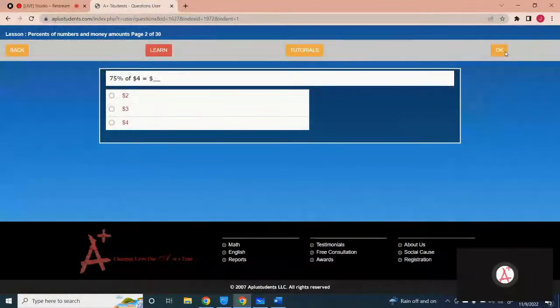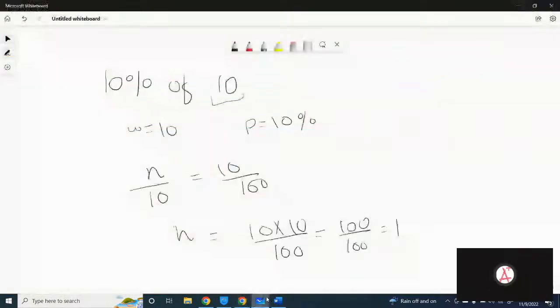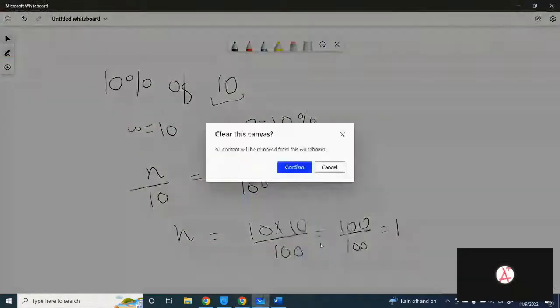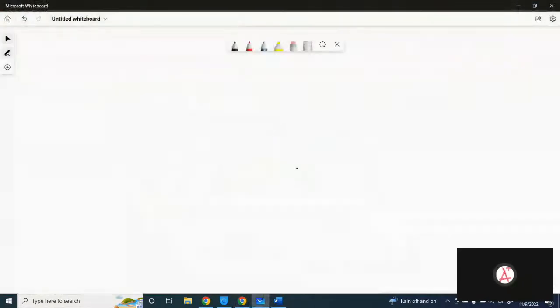Okay, 75% of 4. So 75% of 4 is 3. No one is answering, but I know the answer. 75% of 3. This is the whole number. This is the percentage, that would be 75%.